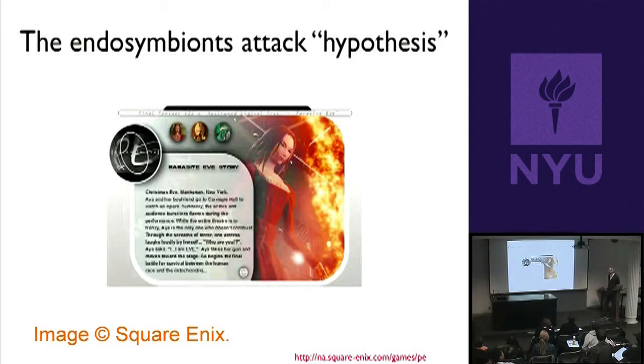Aya and her boyfriend go to Carnegie Hall to watch an opera, and suddenly the actors and audience burst into flames during the performance. While the entire theater is in frenzy, Aya is the only one who doesn't combust. Through her screams of terror, one actress laughs loudly by herself. "Who are you?" Aya asks. "I am Eve." Aya takes her gun and moves towards the stage. So begins the final battle for survival between the human race and the mitochondria.